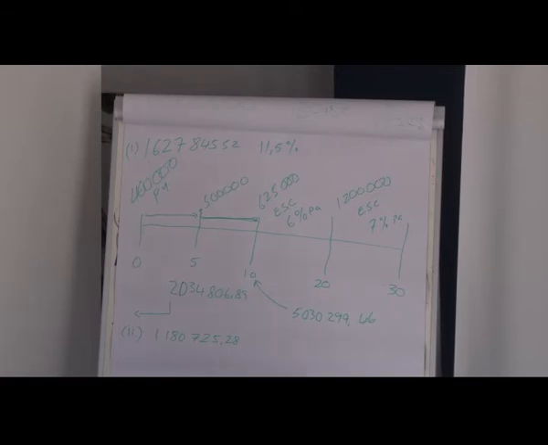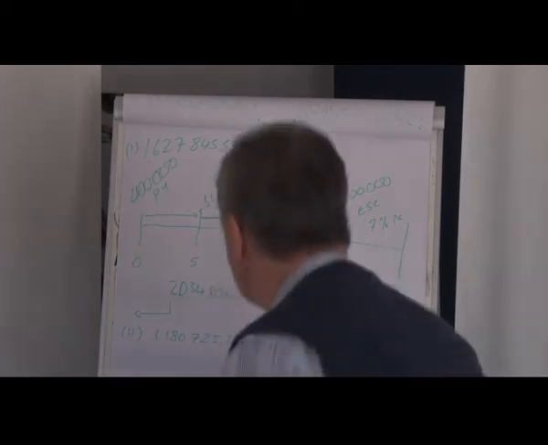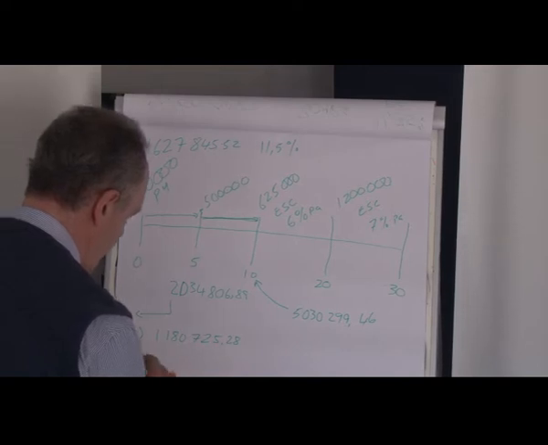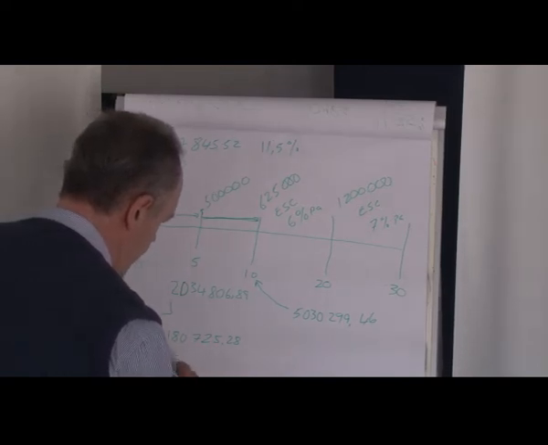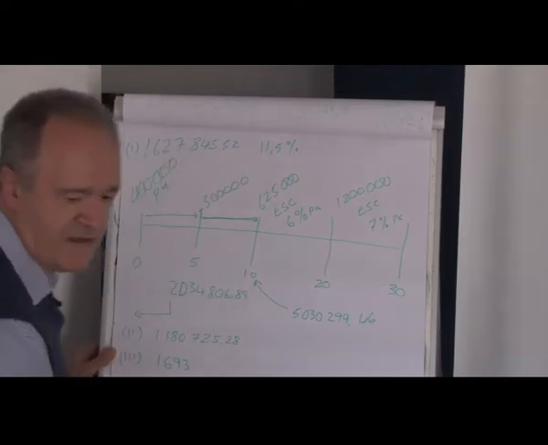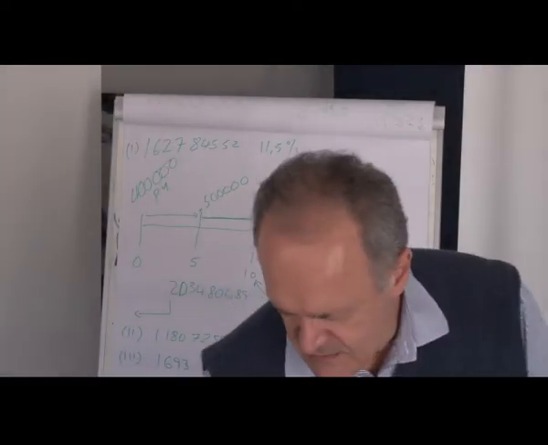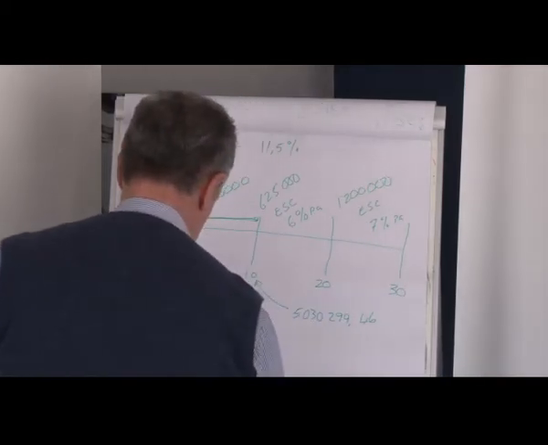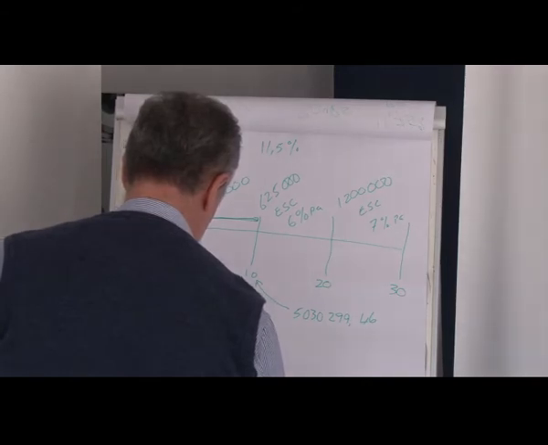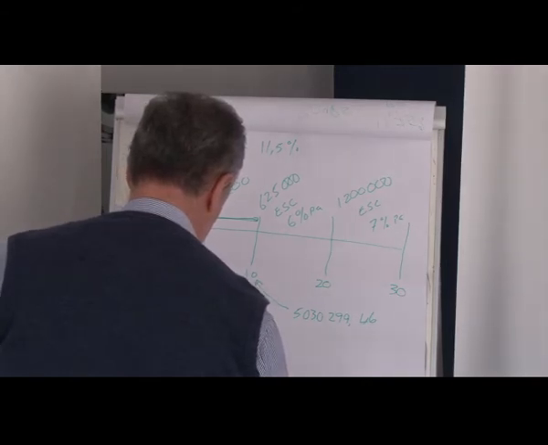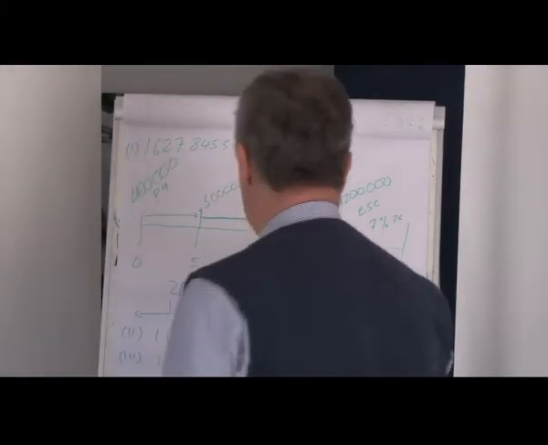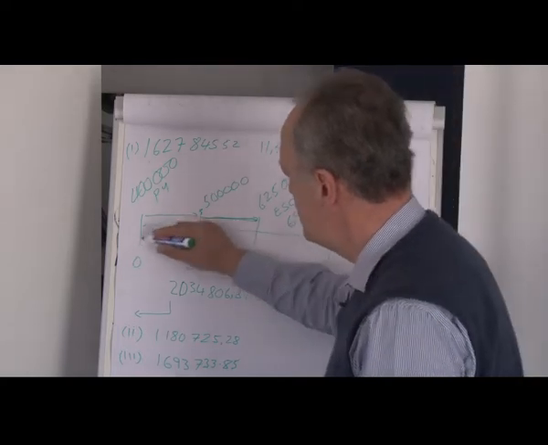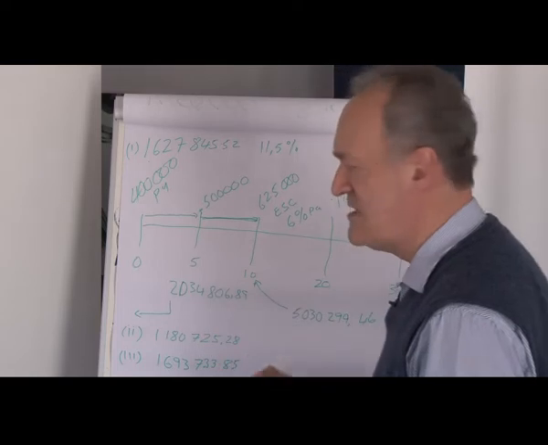Your present value of that is $1,693,733.85. So that is your discounted value of that cash flow all the way back to 0 on the timeline.